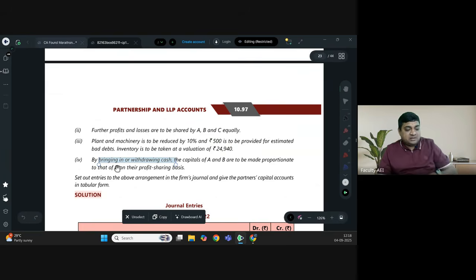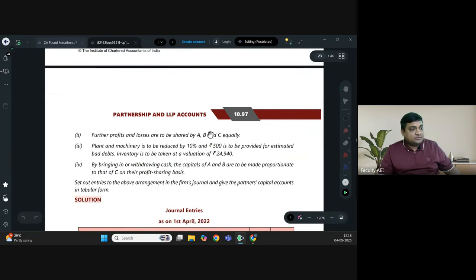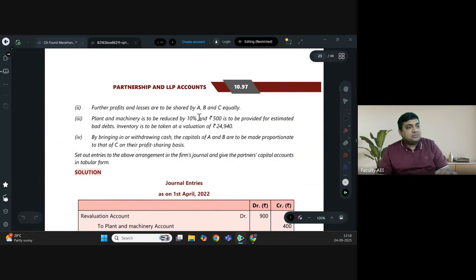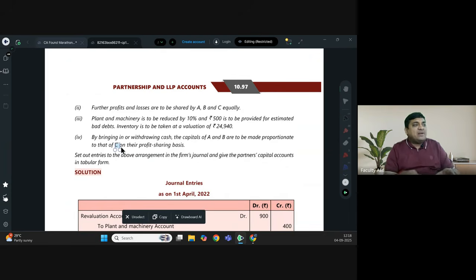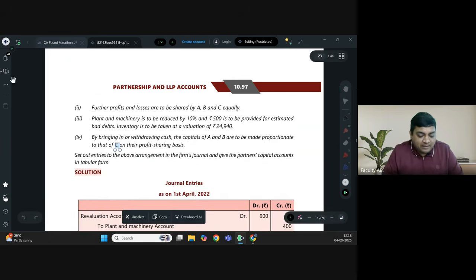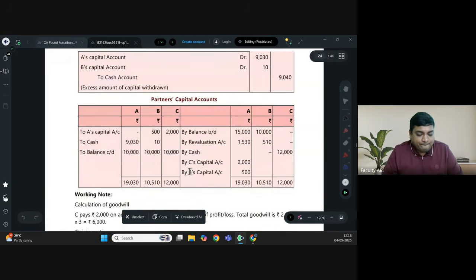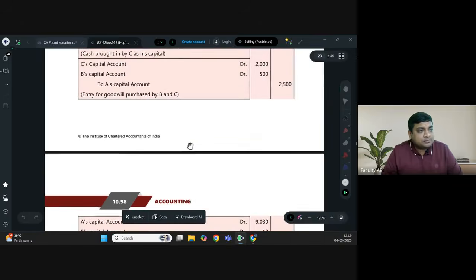Since the new profit sharing ratio is equal, if C's capital is 10,000, then B and A also need to maintain capital of 10,000 because the ratio is equal. No? We are just working on the basis of C. Whatever C is bringing, according to that we will maintain capital and the rest we will withdraw or bring. Is it fine? Yes or no?